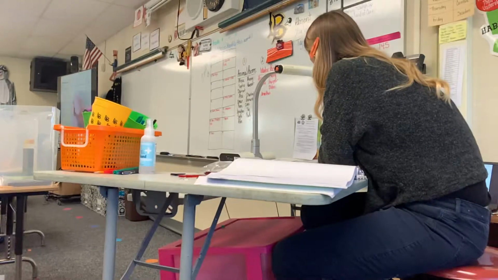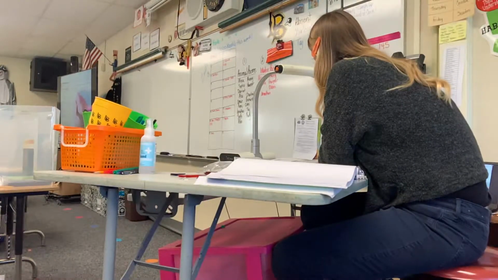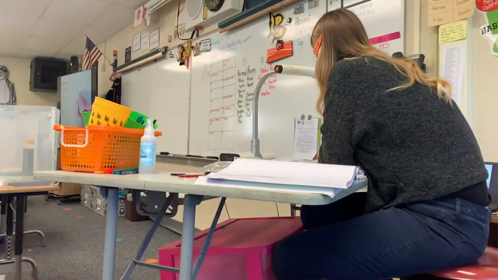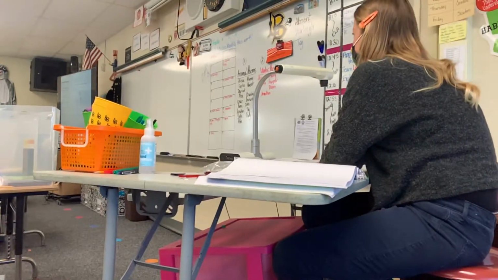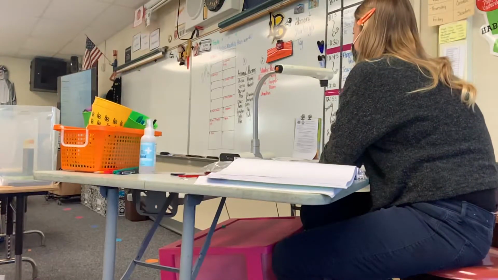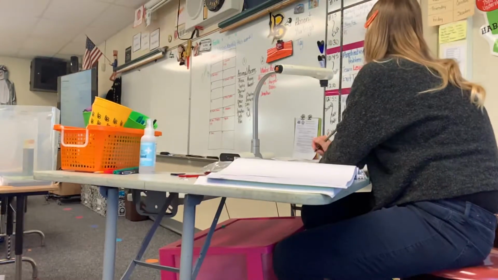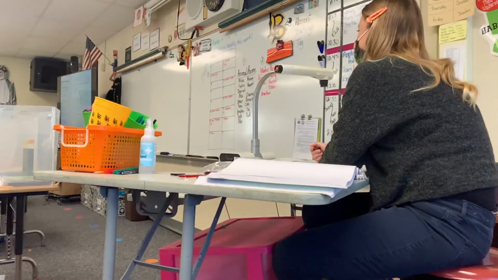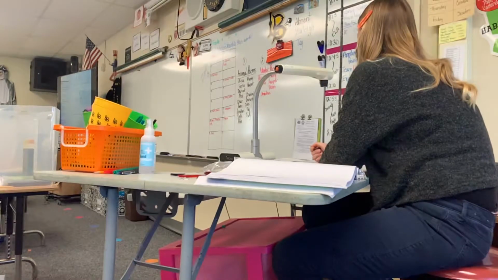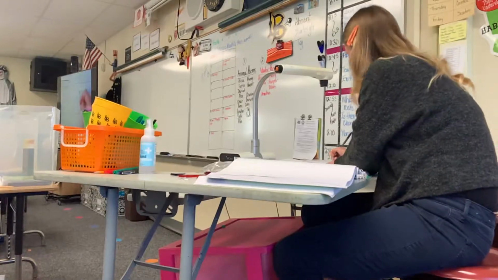So we need to solve that equation. 8/10 plus 6/10. And what does that give us, Rudy? So we know it's going to be tenths. What did you say? 14.